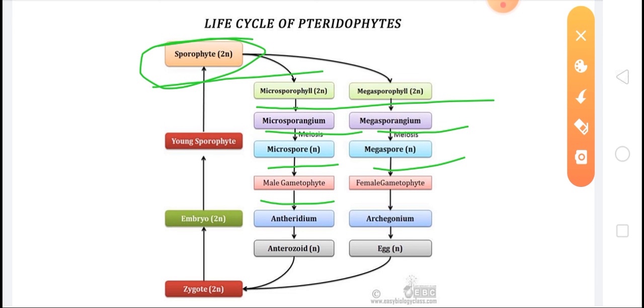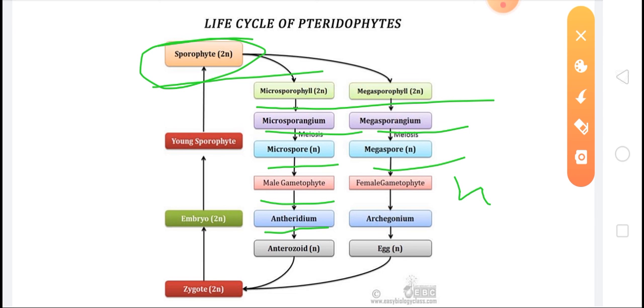After that, the male gametophyte releases the male gamete, the antheridium, and the female gametophyte releases the female gamete, the archegonium. Then the antheridium releases the antherozoid, and the archegonium releases the egg.